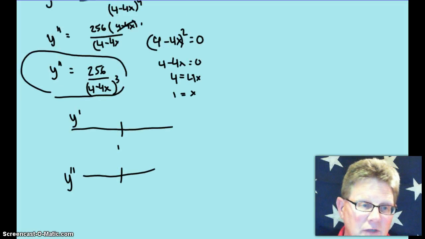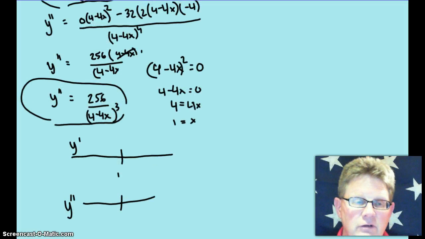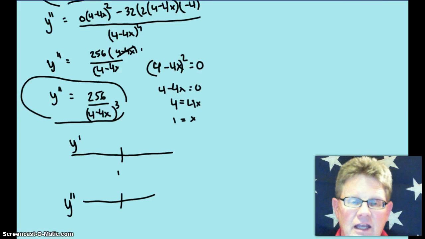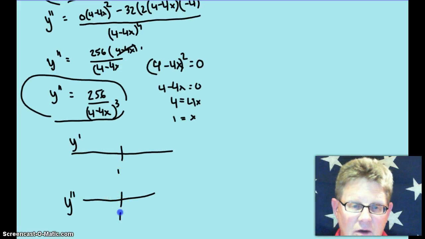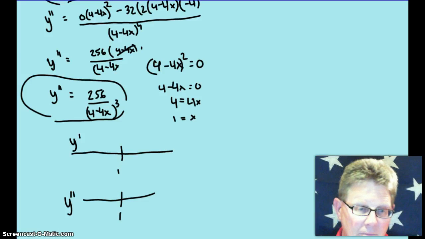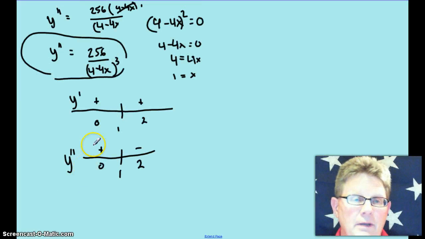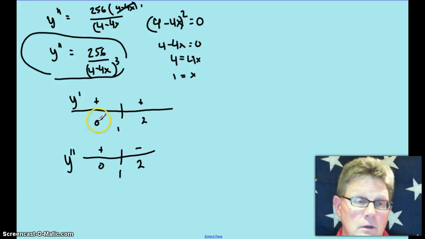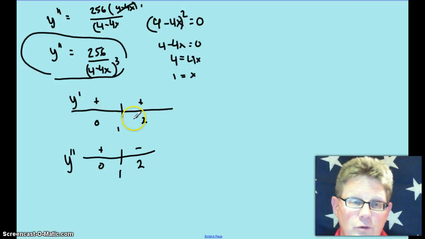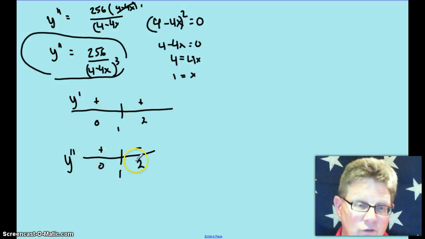So go ahead and pick some values and see whether it's increasing or decreasing, and concave up, concave down, and then come back. Alright, so when I picked my values for y prime, 0 and 2, I found out that y prime is going to be increasing on both those intervals. And then when I picked those same values for y double prime, I found out it was concave up and concave down.